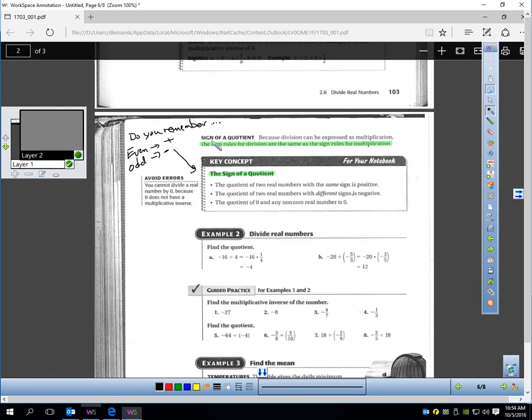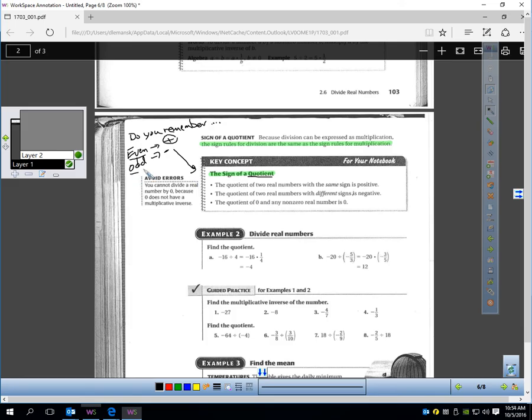Now, I've already addressed this a little bit earlier, the sign of the quotient. Remember, quotient means division. So this is saying the sign of a division. They give you some rules. I'm just going to say the same thing I did with multiplication. If you have an even amount of negatives in your problem, your answer has to be positive when you're dividing.